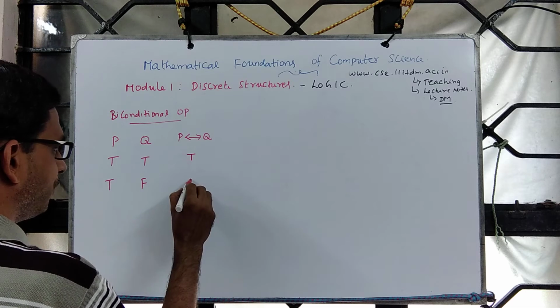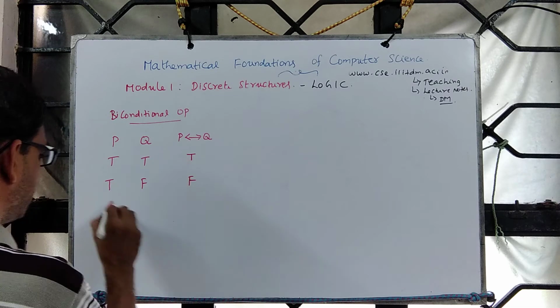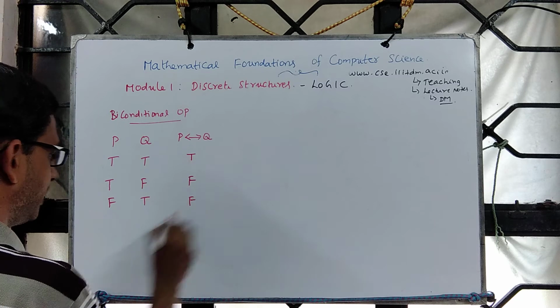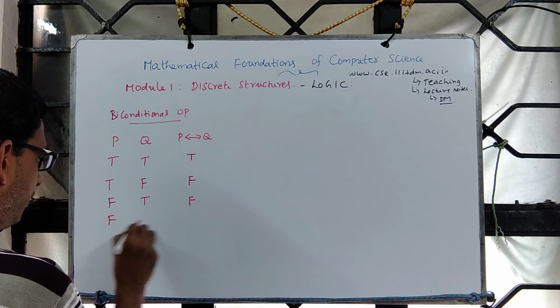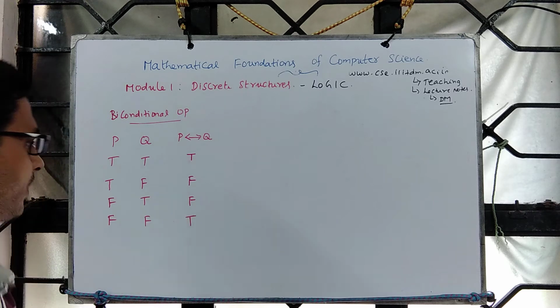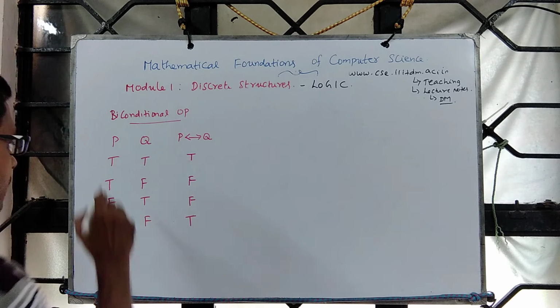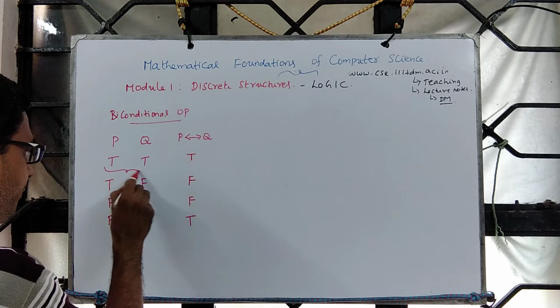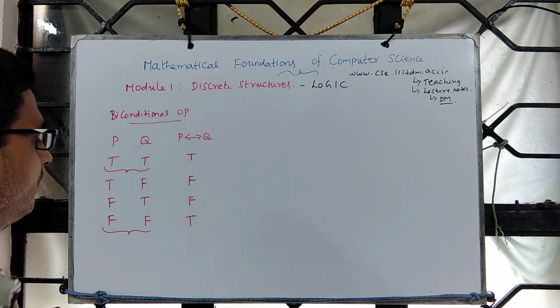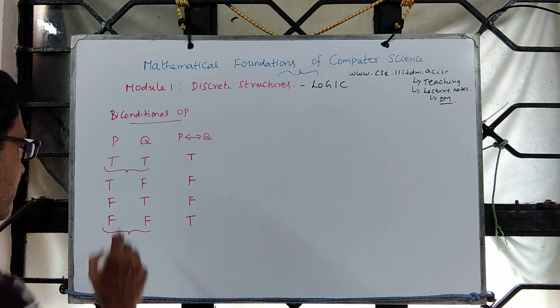When it is true and false, it is false. When it is false and true, it is false. When both are false, it is true. So it is true when both are happening and when both are not happening.